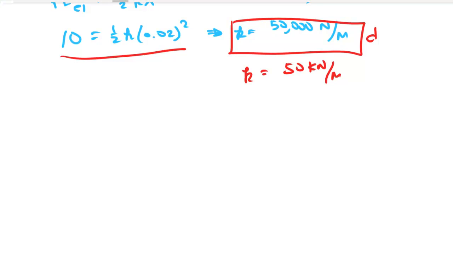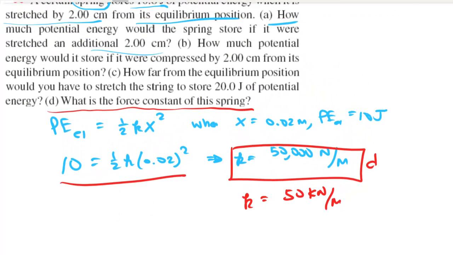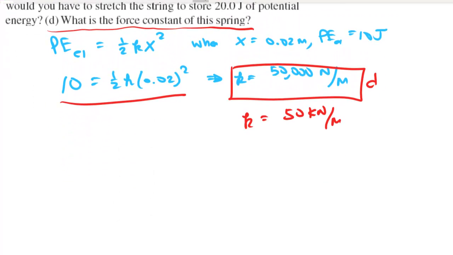Let's say we have the initial stretching, which I'll call x naught, equal to 0.02 meters.